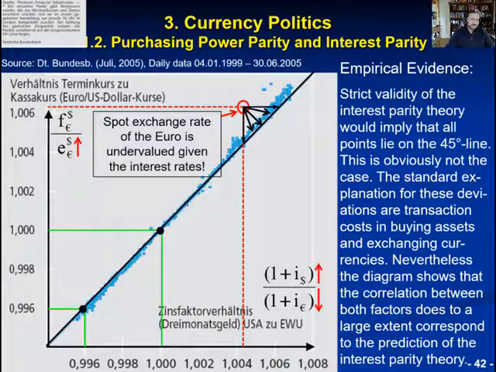To sum up, the diagram shows that the interest parity equation performs most of the time quite good from an empirical point of view. So it is something we can rely on.